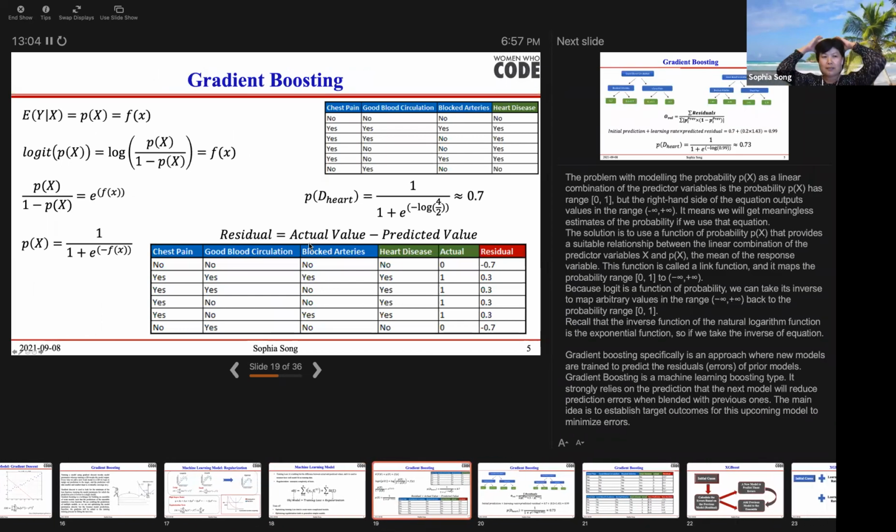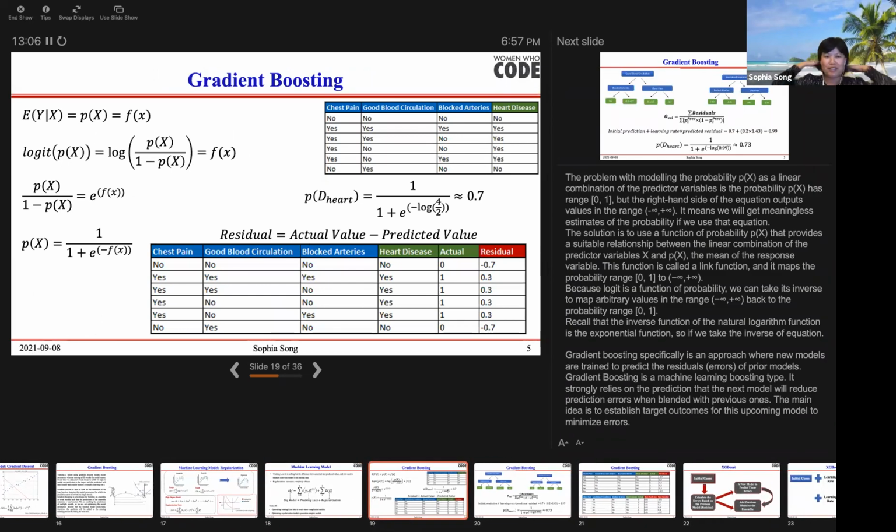Here I will give you an example with AdaBoost, which follows this general machine learning rule. How does AdaBoost work here? Here I have a heart disease data set.